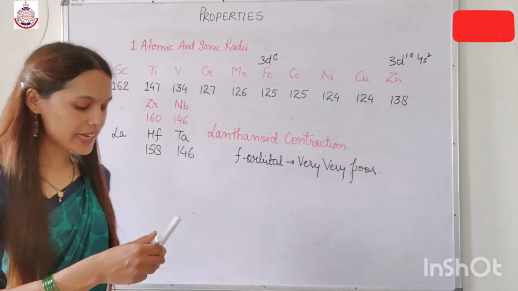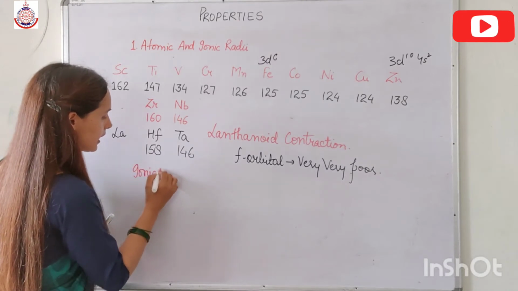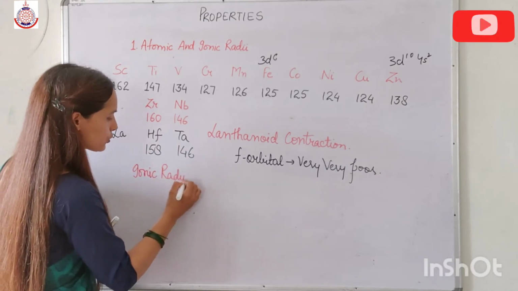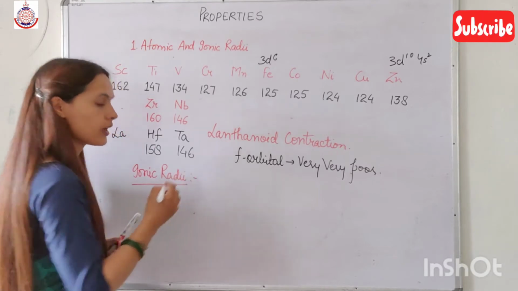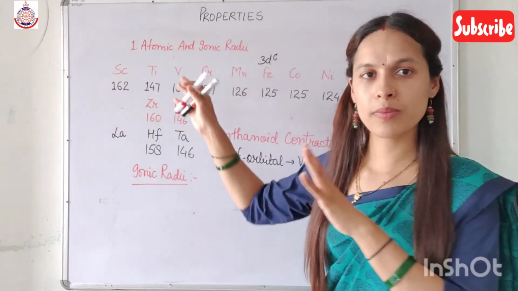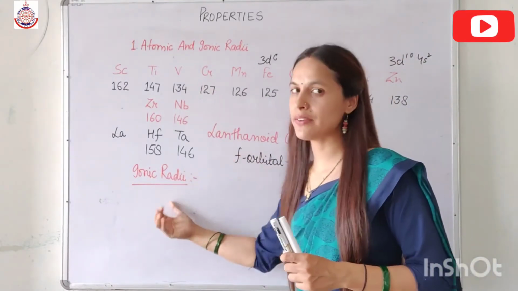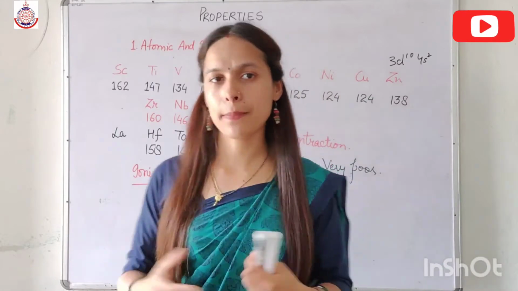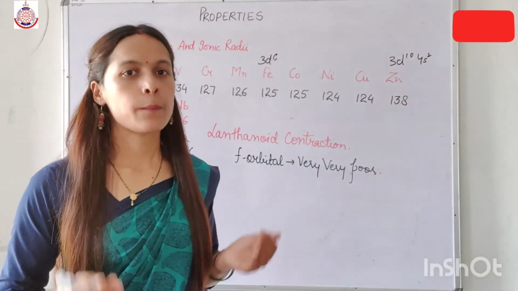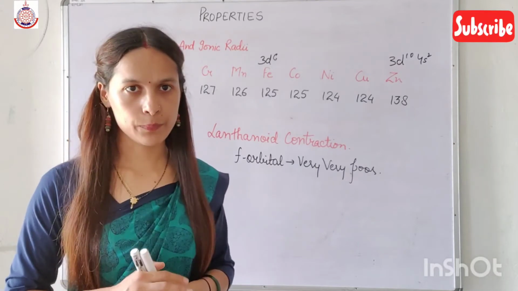If we talk about ionic radii, the ionic radii show the same change as shown by the atomic radii. Means when we move left to right in a period, what happens? Ionic radii decreases, but the decrease in the ionic radii becomes less after midway.